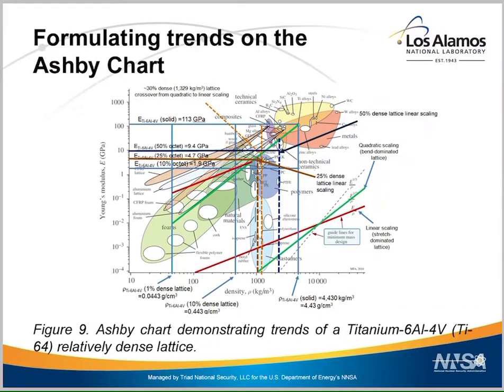The calculated effective Young's moduli for varying octet relative densities are plotted in the Ashby chart in Figure 9.